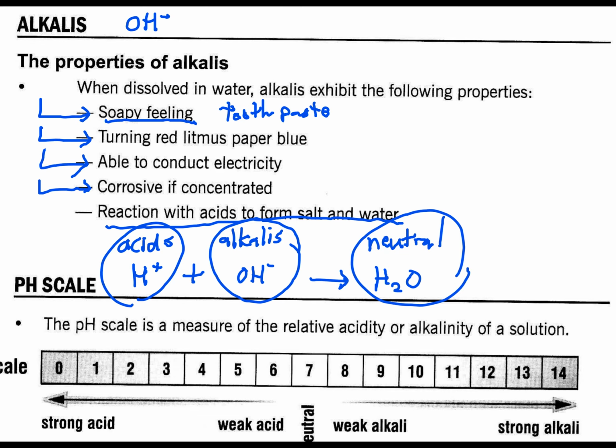At this point, it is also good to understand the word bases. Generally, bases and alkalis have the same properties. Essentially, an alkali can be considered as a base that can be dissolved. So an alkali is essentially a soluble base.